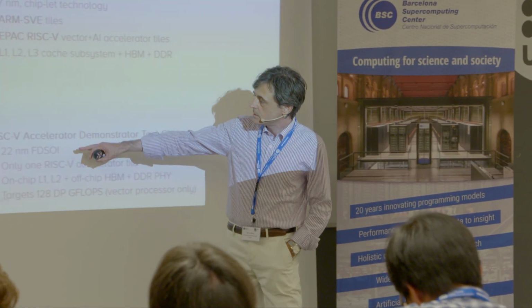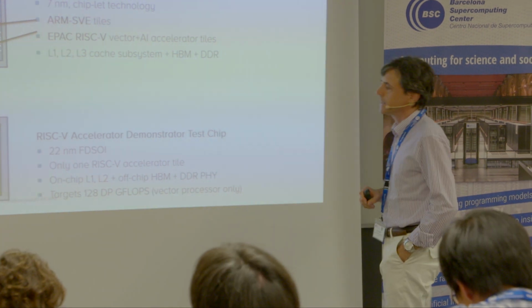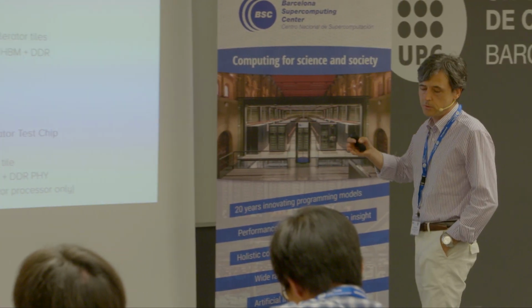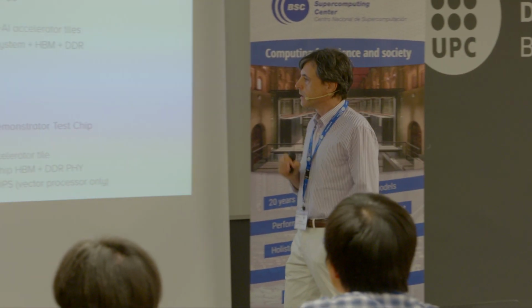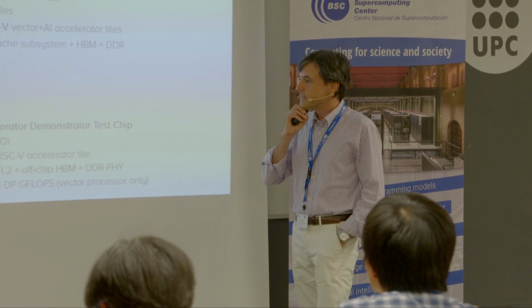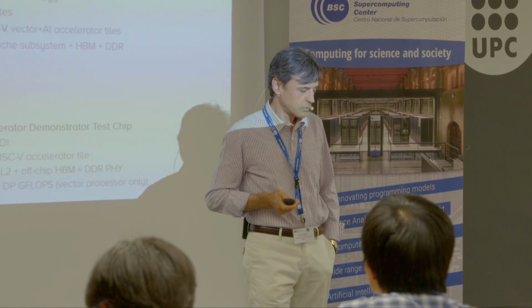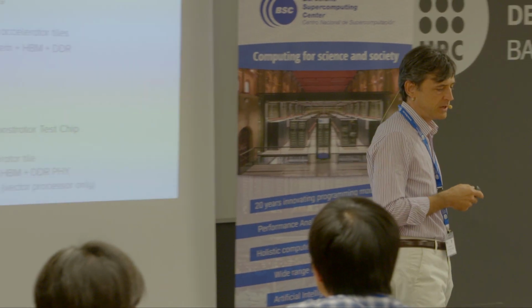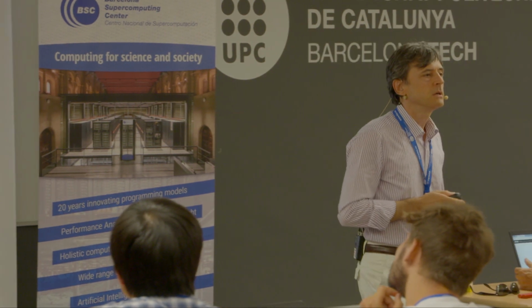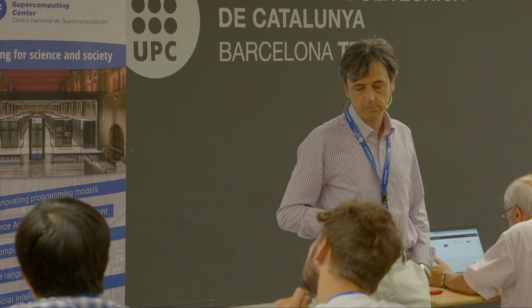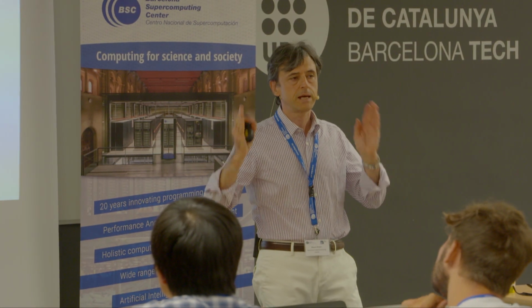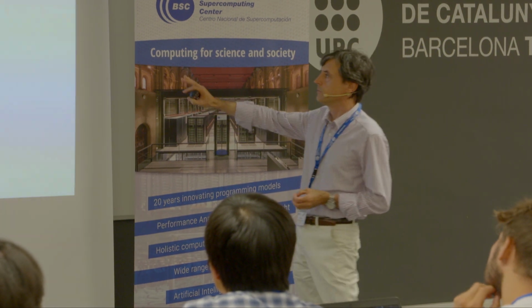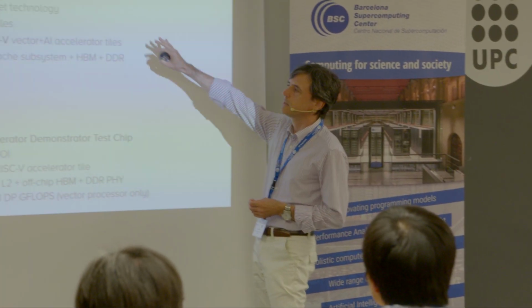This one is going to be on 22FDX technology from GlobalFoundries, a European foundry in this case. As it was said before, there is no realistic possibility of having a European foundry supporting 7 nanometer fabrication within the time frame of the EPI project. So we don't have the possibility of fabricating this part in Europe.